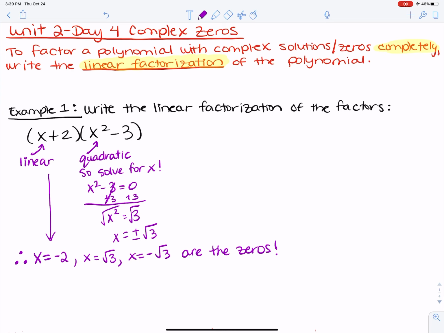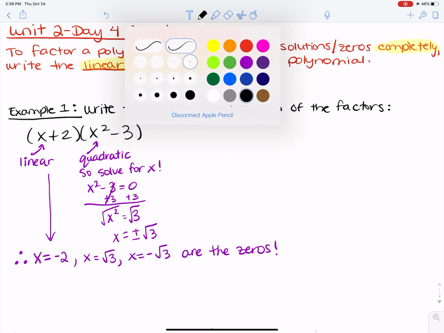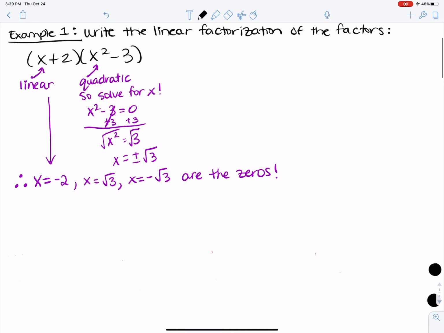And now we just need to write the linear factorization. So our linear factorization, and I'm going to spell it out, linear factorization, is what the factors are for each zero. So for the x equals -2, that's going to be x plus 2. And that again is for x equals -2.